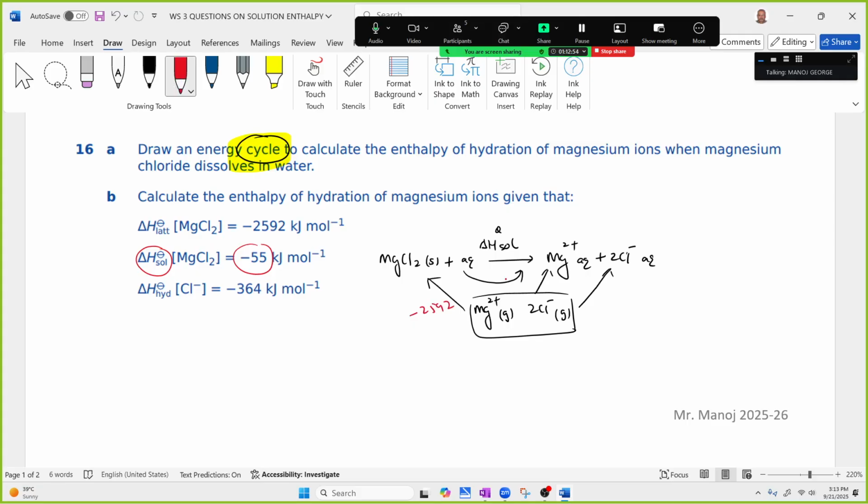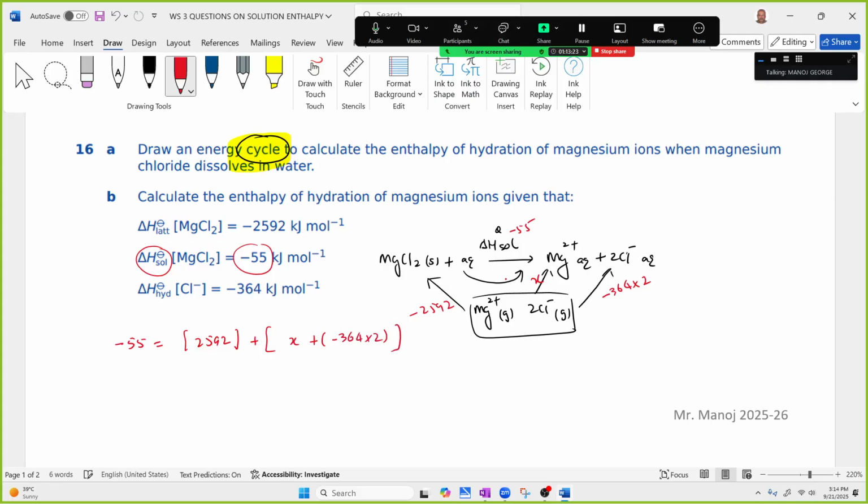Magnesium is what you have to find, so that is the x. Chloride is given minus 364 times 2. Okay, and the solution is already given as minus 55. So minus 55 equals 2592, so that's x plus negative 364 times 2.